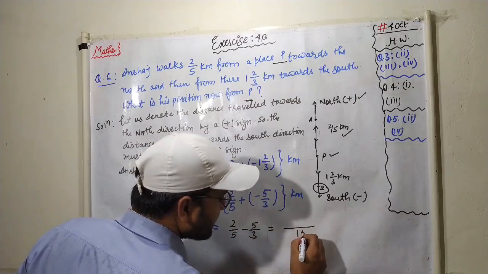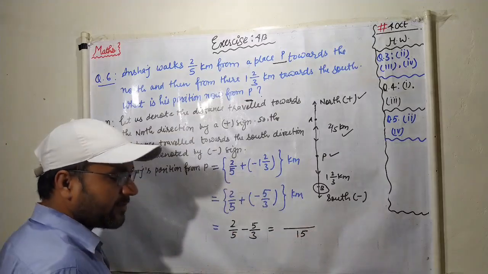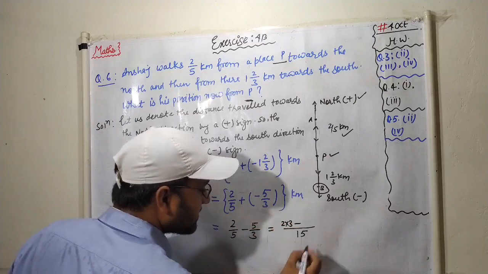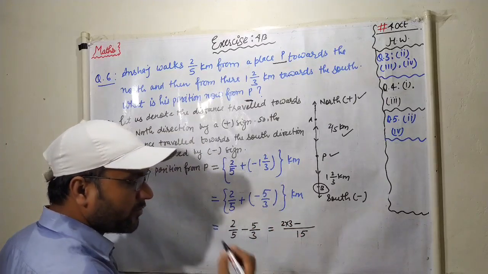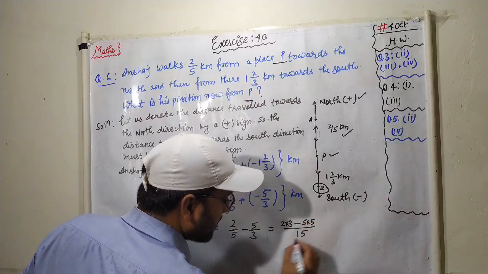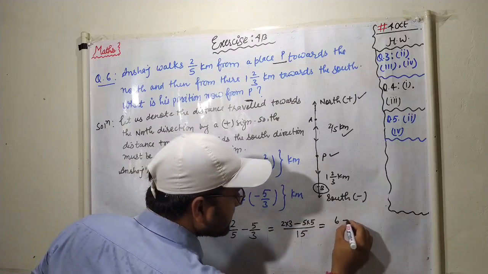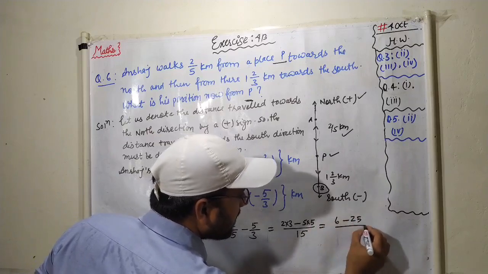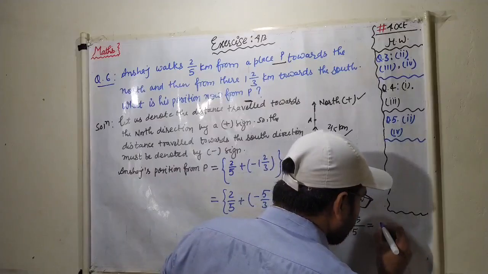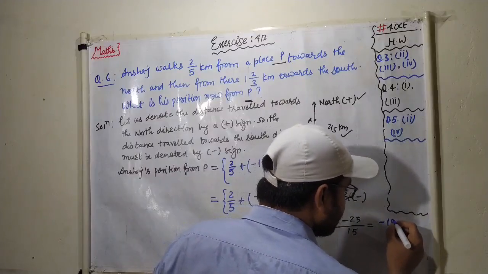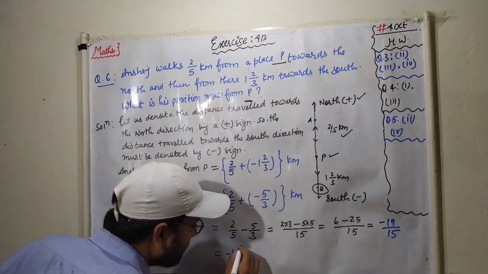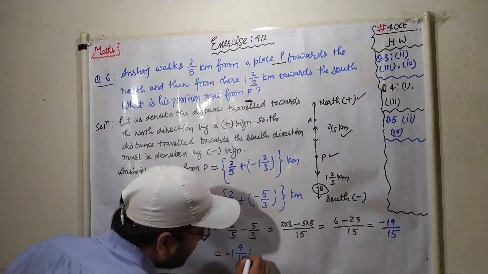You will get 15 as the LCM, and if you divide 15 by 5 you will get 3, and 3 is multiplied into 2, 2 into 3 is 6, with minus sign. If you divide 15 by 3 you will get 5, 5 is multiplied into 5, 25. So 6 minus 25 upon 15, and you will get minus 19 upon 15. Then minus 1 whole 4 upon 15 kilometer.